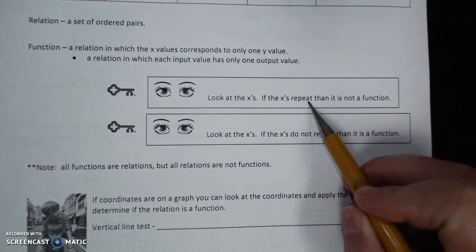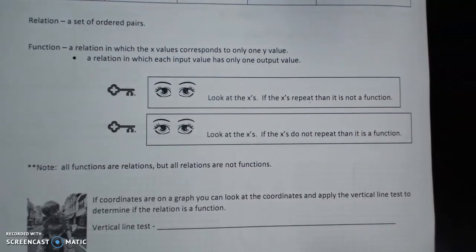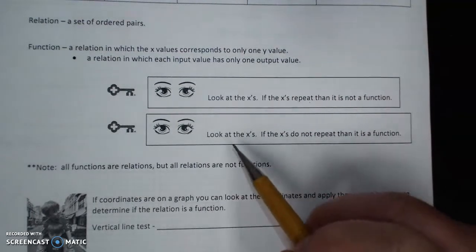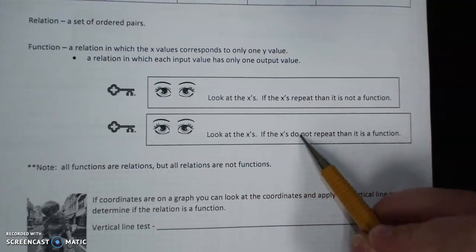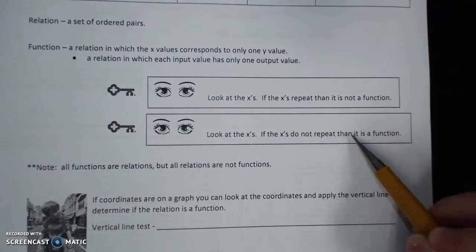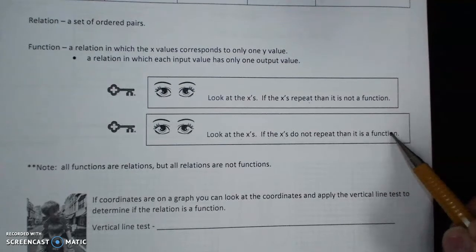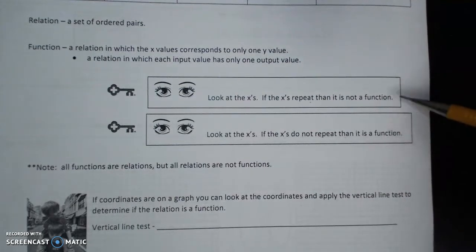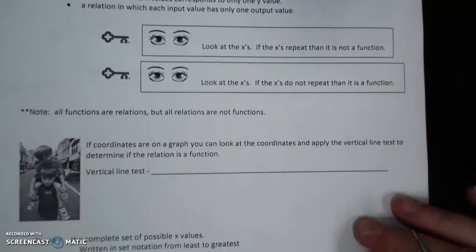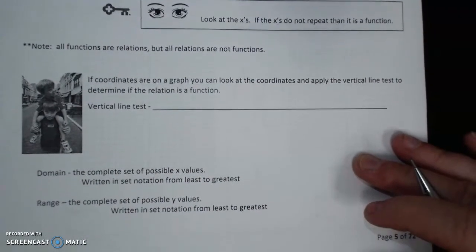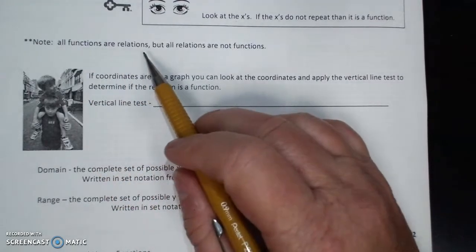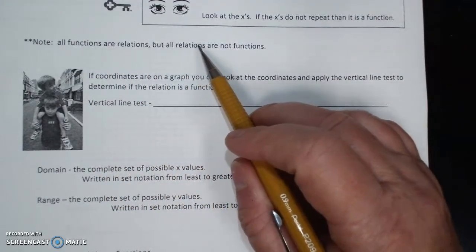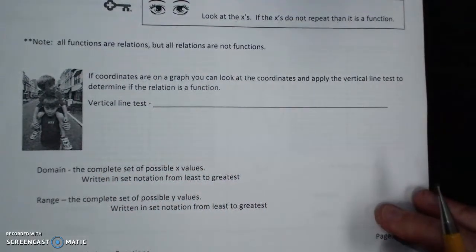If the x's repeat, then it's not a function. Look at the x's. If the x's do not repeat, then it is a function. So these are stating the same thing in a little bit different way, and we'll practice. And one of the notes is that all functions are relations, but all relations are not functions.